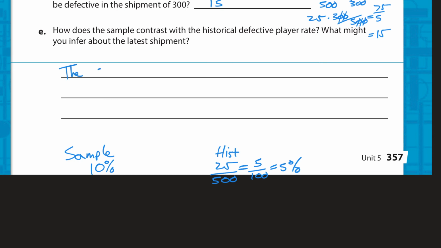The sample rate was twice the size of the historical rate. And so there you go.